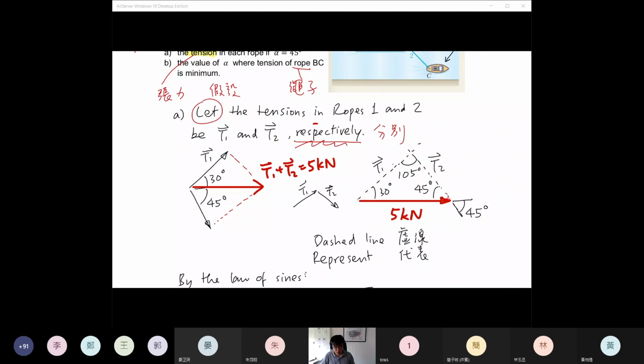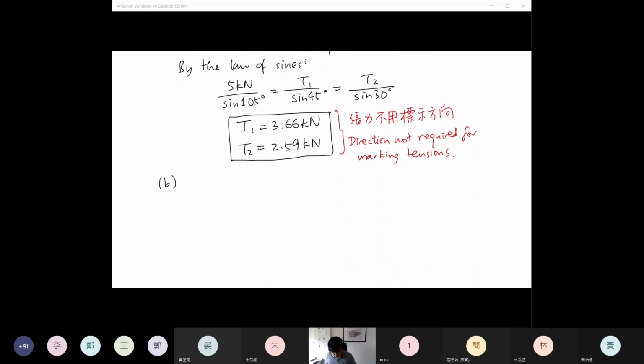So we want to determine the value of alpha where T2 is minimum. So we go like this. We still have this 5 kilonewton, and then we still have that T1.